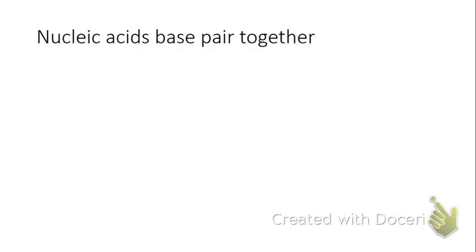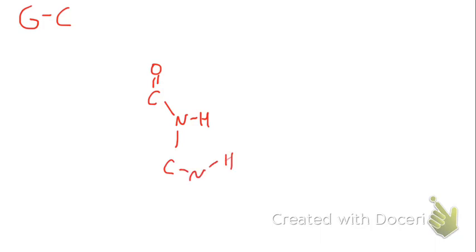So, from those 4 bases, we know that nucleic acids can base pair together. And so let's look at a few of those base pairs. The first one I'm going to draw is between G and C. So let's draw a G. And so the thing that holds 2 nucleic acids together, or 2, I should say, nucleotides together in DNA are hydrogen bonding.